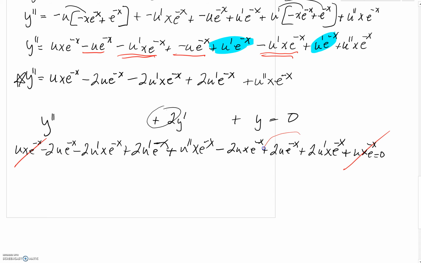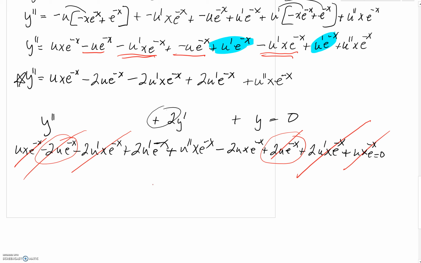Here's a positive 2u e to the negative x. These are gone. Look, I've got a minus 2u prime x e to the negative x. I've got a plus 2u prime x e to the negative x over here. So things are cleaning up. Things really are getting fixed up in a hurry.